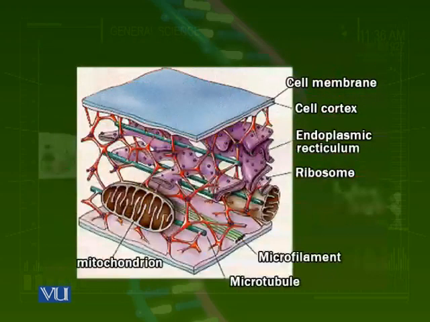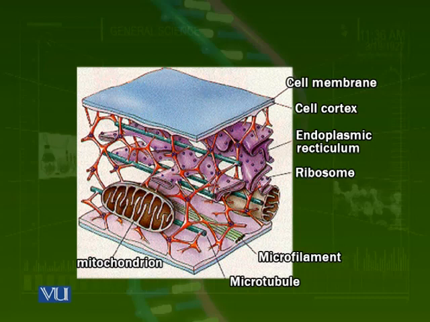Here is another view of the same thing. Here you can again see cell membrane, endoplasmic reticulum. From another view, roughly a surface view, you can see the same thing, the endoplasmic reticulum, the microtubules, the microfilament, and one mitochondria entangled in them. Just like mitochondria, other organelles are also kept in place with the help of these cytoskeletal elements.